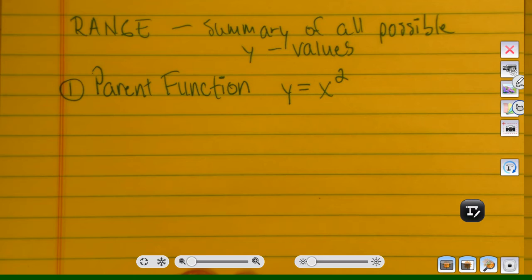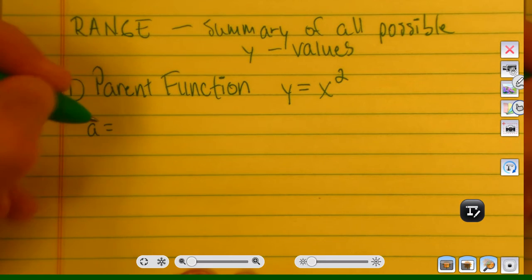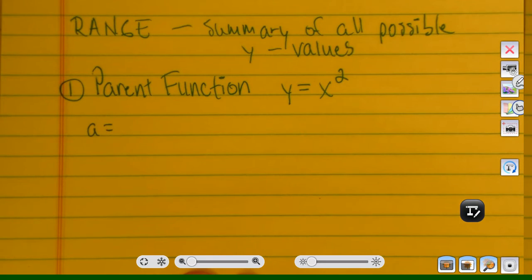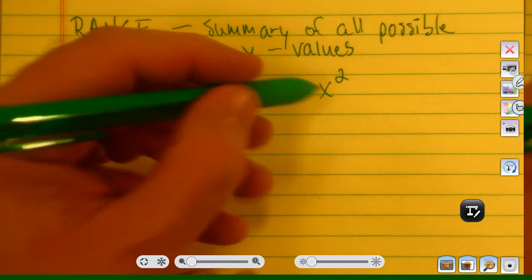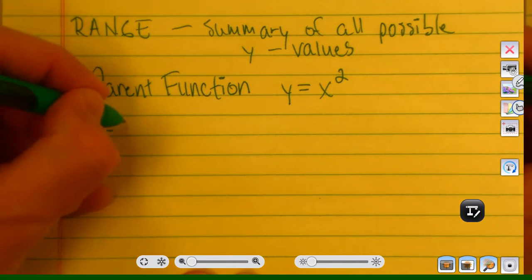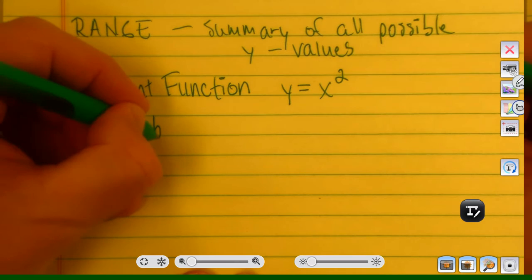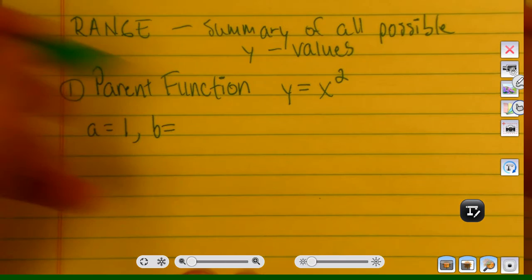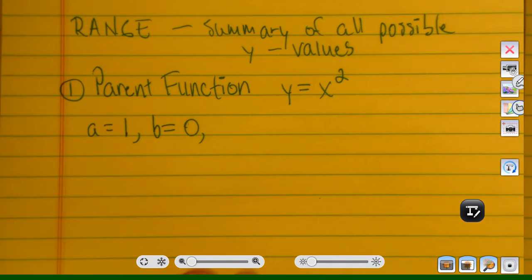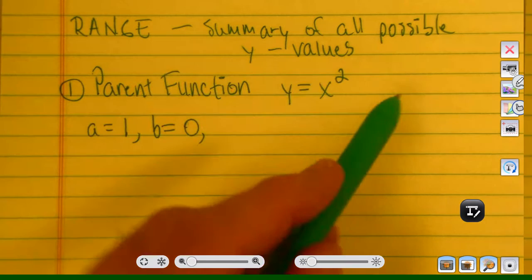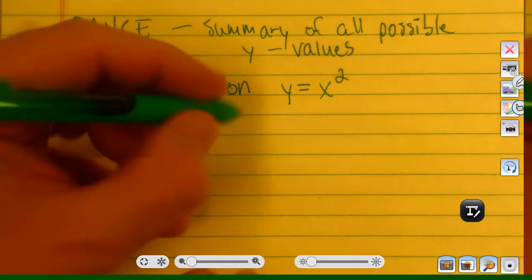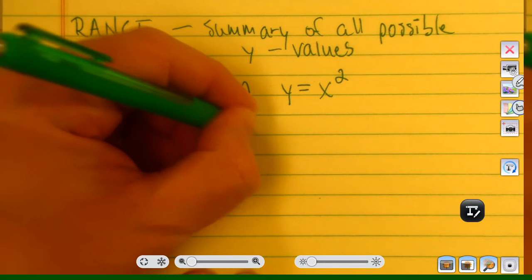For example, if I asked you, what is the value of a? Well, the coefficient of x squared, in other words, the number in front of x squared, is 1. There's not an x term, so b would be equal to 0, and there's not a plain constant out here. It's just x squared. It's not plus something x plus some number, so b and c are equal to 0.